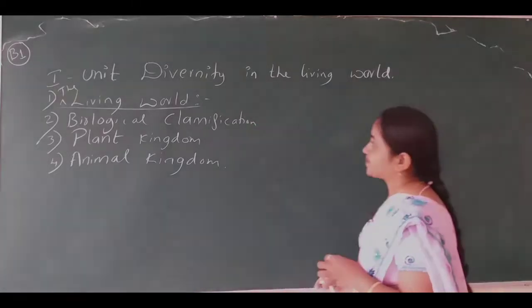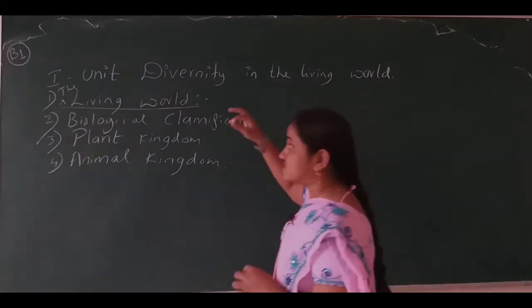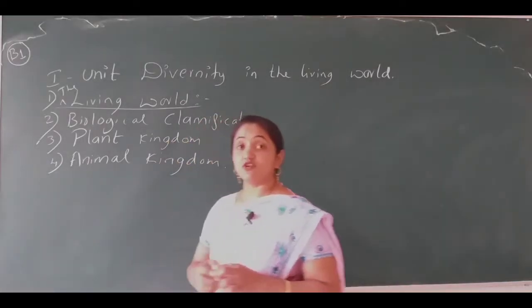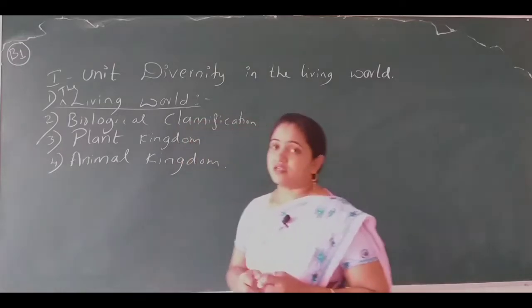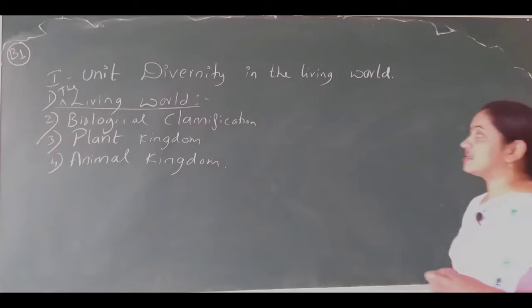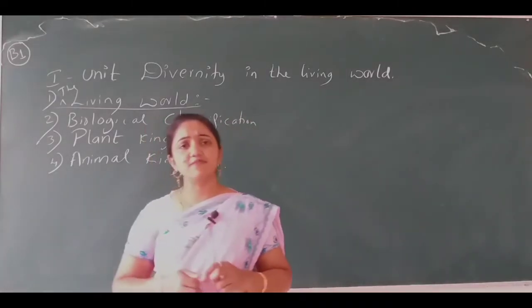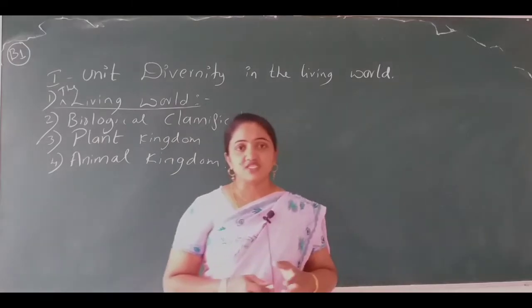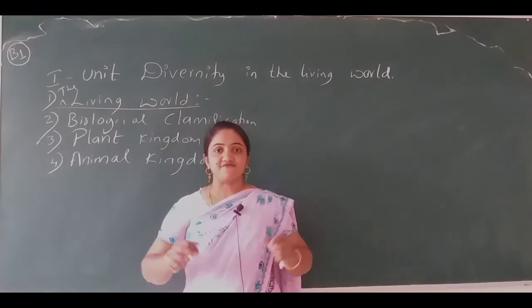Okay, so the living world. We are going to study biodiversity. What is biodiversity? All that comes under this chapter. The next is biological classification. The name itself says how organisms are biologically classified.